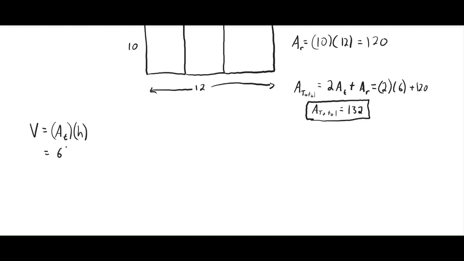So the area of the triangle times the height of that whole prism, which is 10, will give us the volume. So the volume is then 60. Okay, so there we found the area and the volume of a triangular prism.